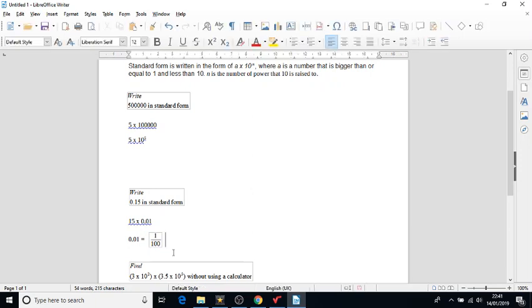But again, what's 100? What is that to the power of 10? This is where multiplying by a negative power of 10 is the same as dividing by the corresponding power of 10, as you will see.